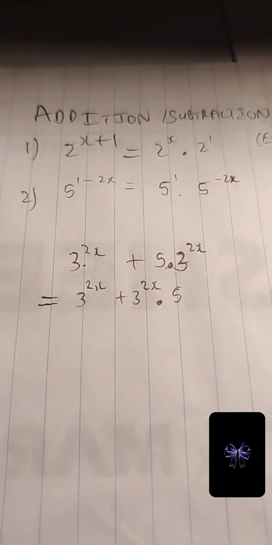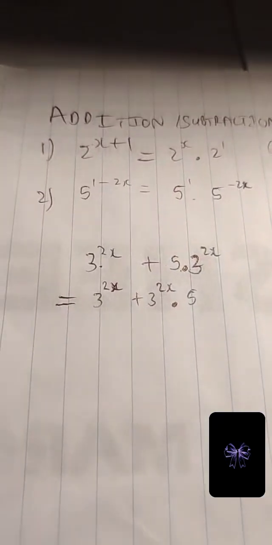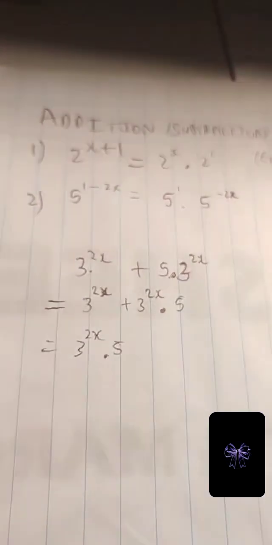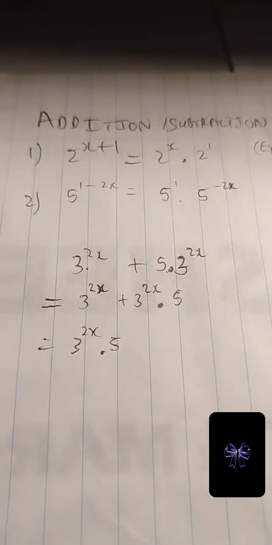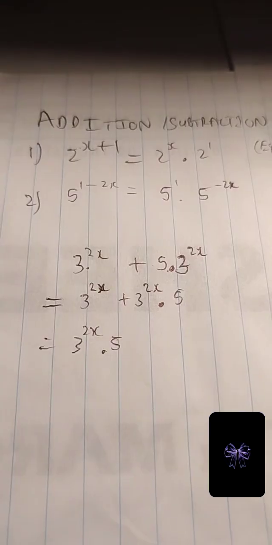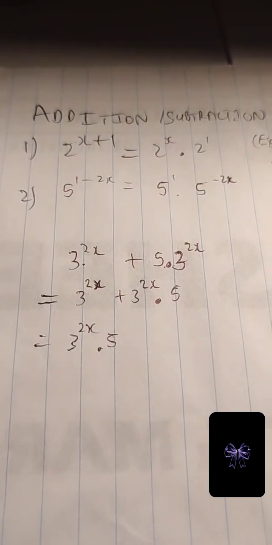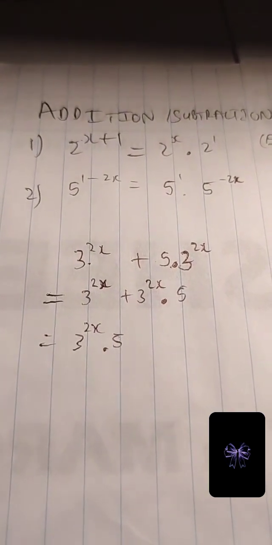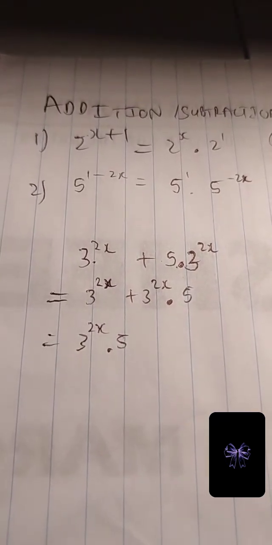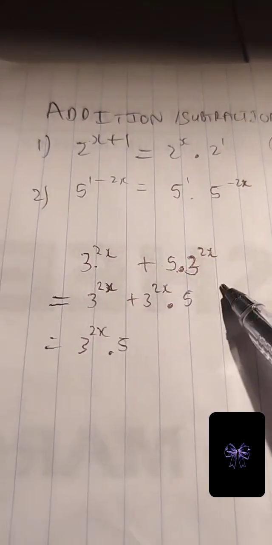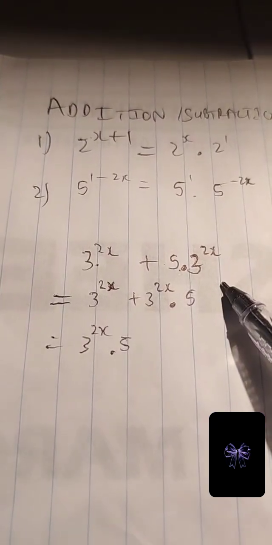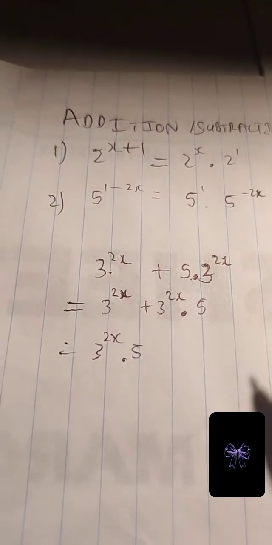And then we are going to have 3 to the power of 2x multiplied by 5. Okay. And then, I don't think we can split 5 down. So is that your answer? Or we could probably split the exponent.